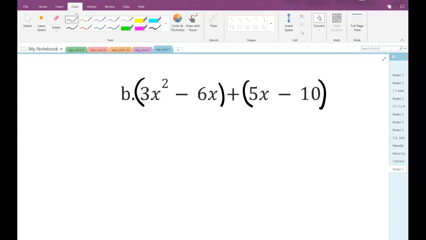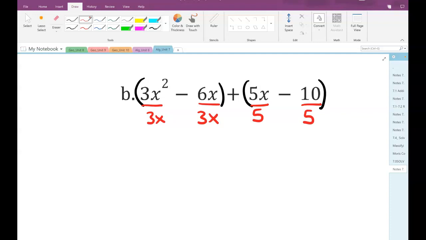And then we're dividing. Your greatest common factor between 3x squared and 6x is 3x. We can divide by a 3x here. The greatest common factor between 5 and 10 is 5. So we divide each side, each term, by 5.